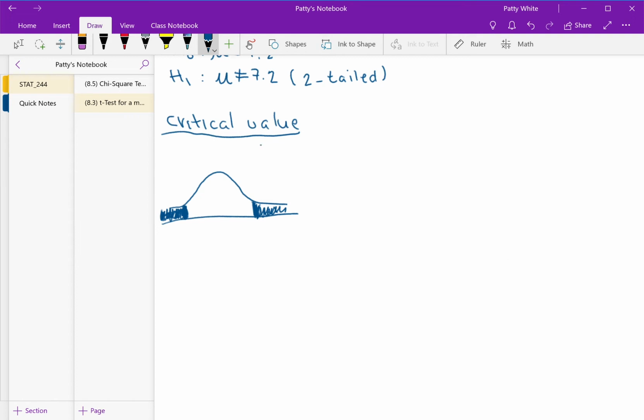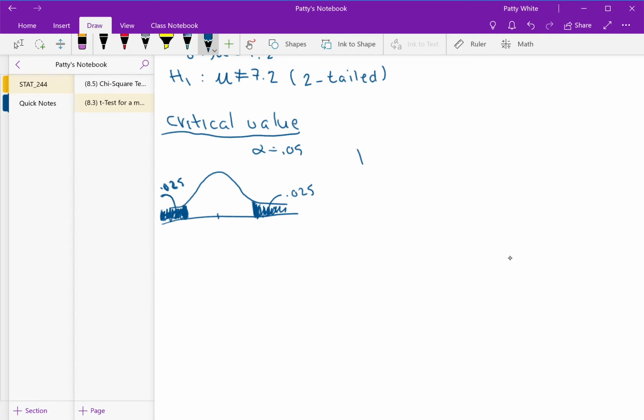Since alpha is given to us as 0.05, and we have a two-tail test, then half of alpha goes in here, and the other half of alpha goes in here. The t distribution is symmetric with respect to the mean, which is going to be right here. Now, to find these two values, our two critical values, we can use our calculator.